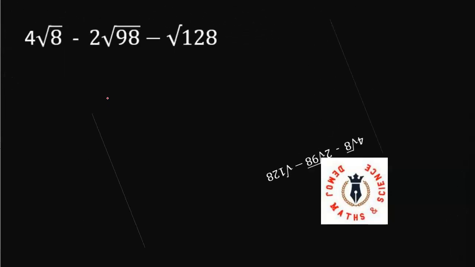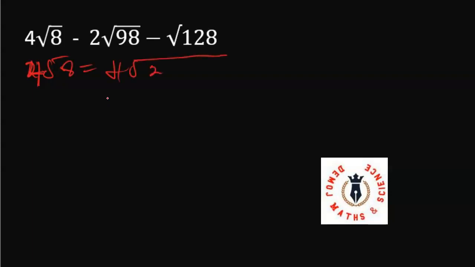Okay, now, looking at this, you have 4 root 8. Root 8 becomes the root of 2 times 2 times 2. Here I have 2, I've taken out 2, and the other 2 is standing alone. So I have 4 times 2, that's 8 root 2.